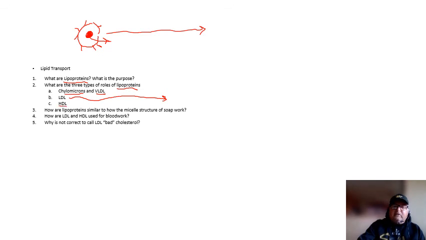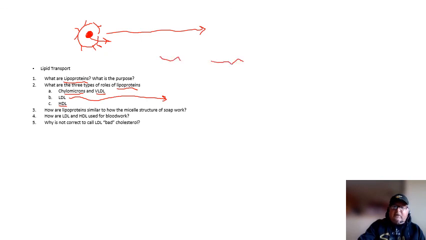Now, high density lipoproteins go around inside the blood and look for any lipids that have fallen off the truck, so to speak, fallen off of the lipoproteins and are lying around stray.